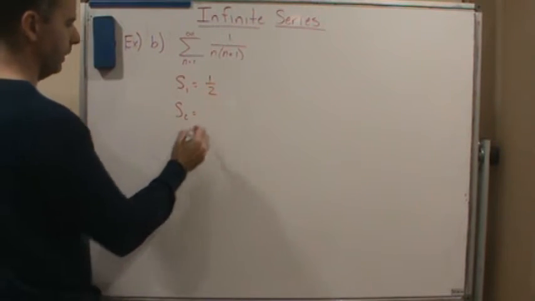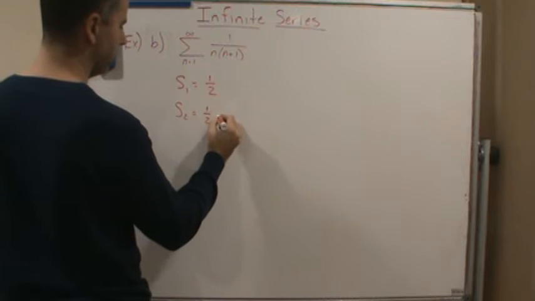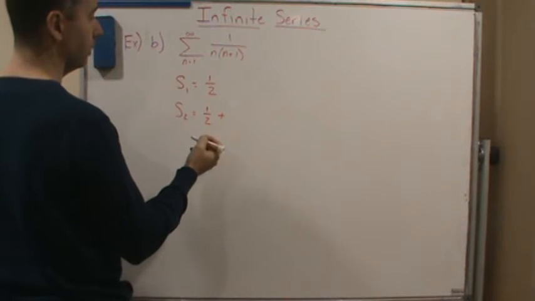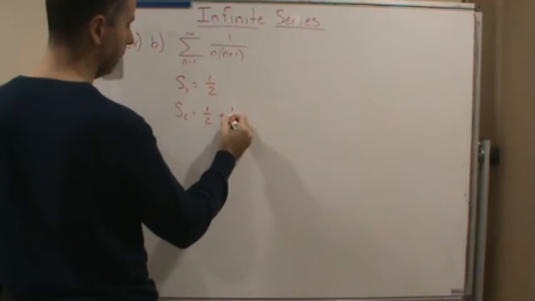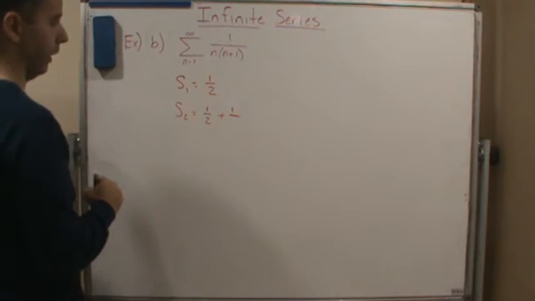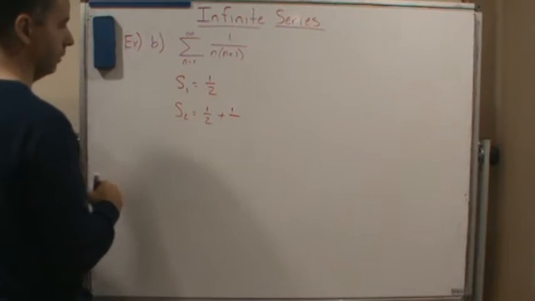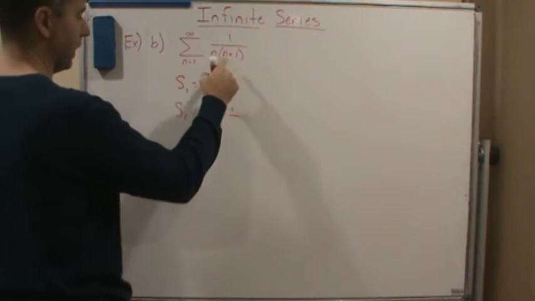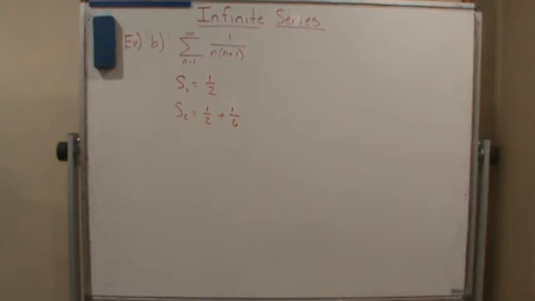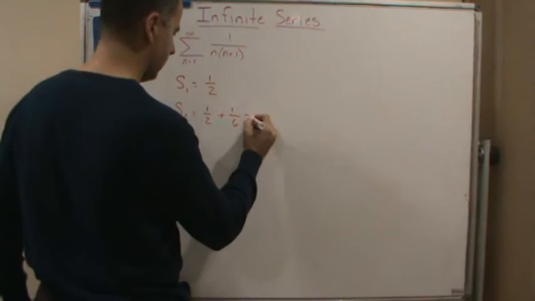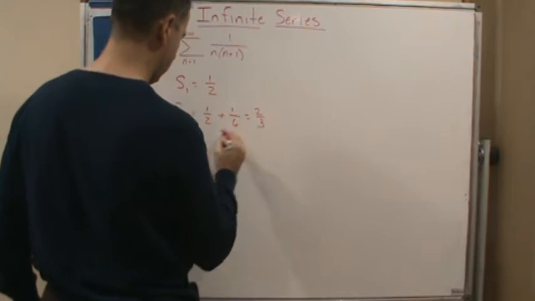S of 2 is going to be 1/2 plus what? Well, at 2 you got 1 over 2 times 3, which is 6, right? And if you add those up, we get 2/3.